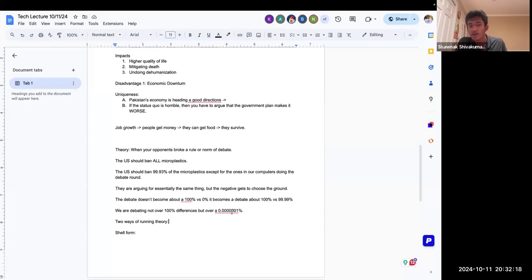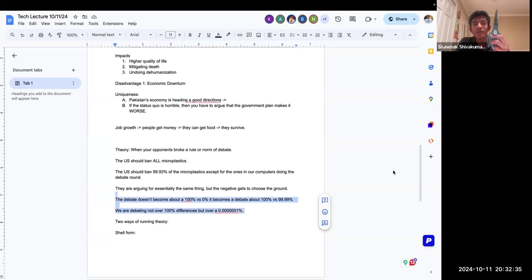If you don't make this a voting concern, if you don't say this is super unfair, I can't engage with this debate, then you will probably lose the round because they will have 17 reasons why this scissor is a good scissor, and you will have 0 reasons why this scissor is a bad scissor. Do you understand that?